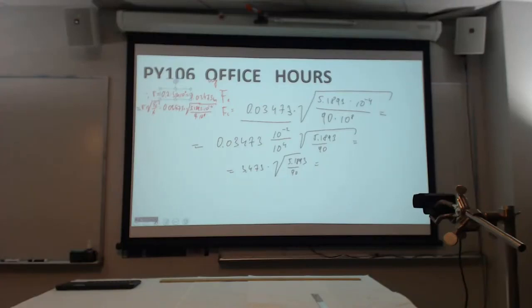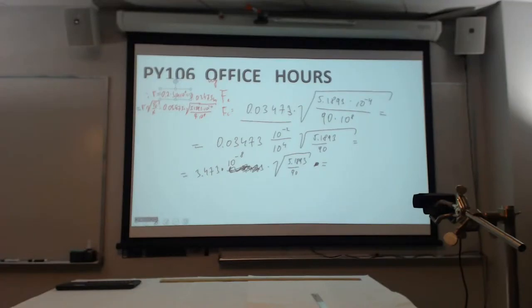Oh, sorry, that's a silly mistake. This is wrong, of course. So that should be equal to 3.473 times 10 to the negative 2, negative 4, that's negative 6, and 2 more, negative 8. That's correct. And this is square root. So that's exactly what I had, 2.9.